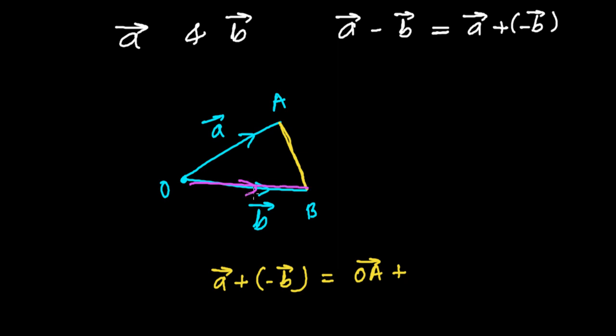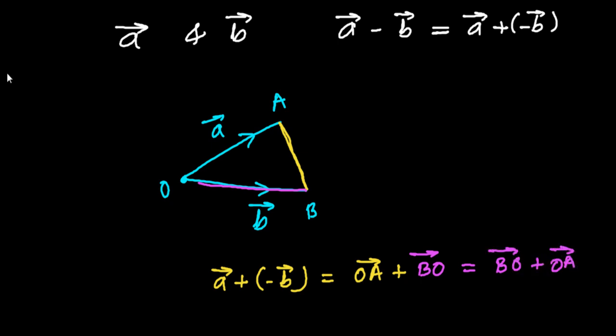OB is going towards this, which is B, so if I write BO, that represents negative of B. Now I'm exchanging the place: first I write BO, and then plus OA.